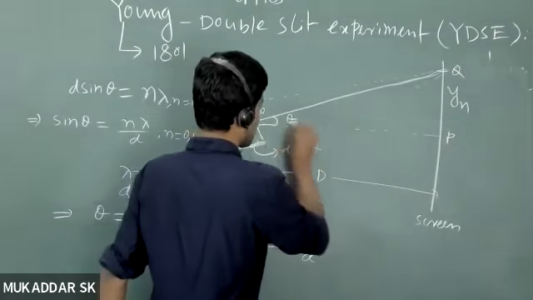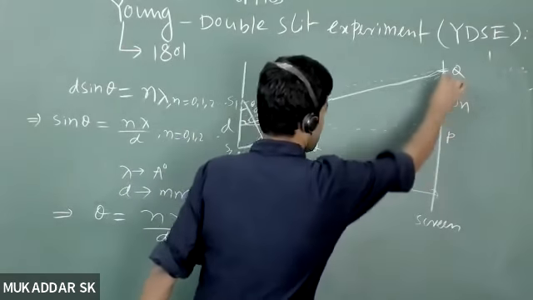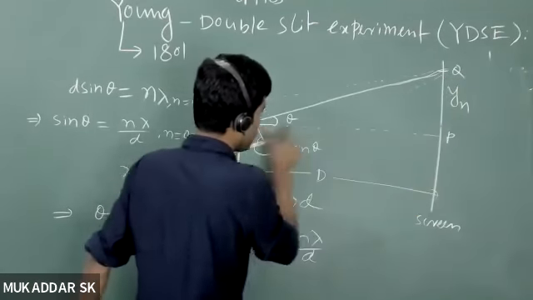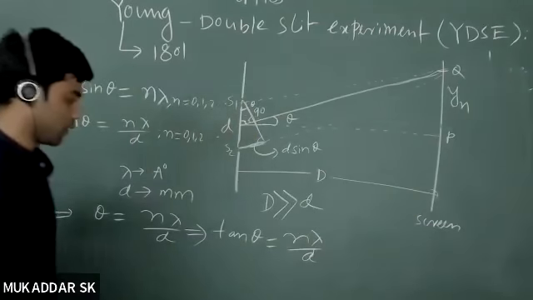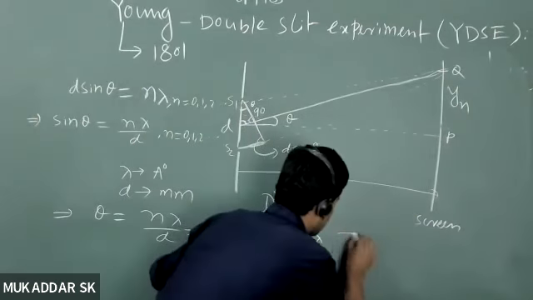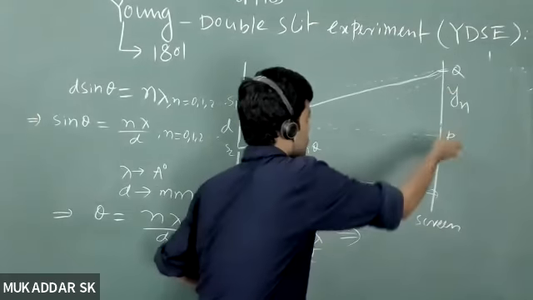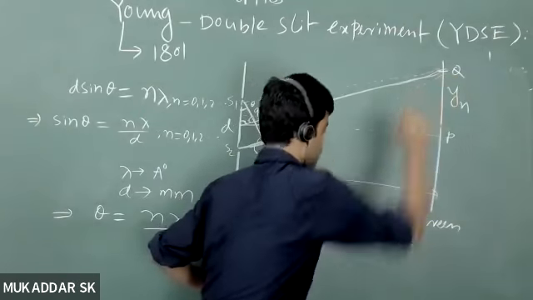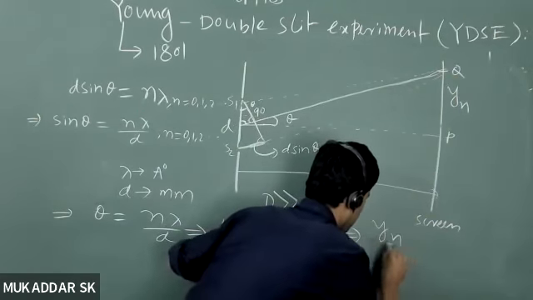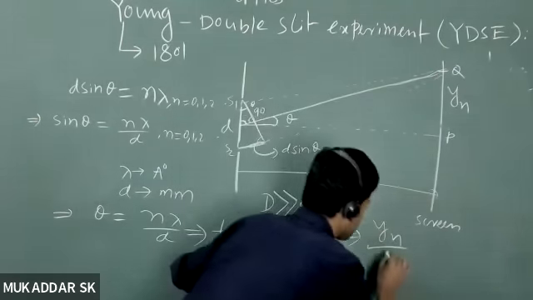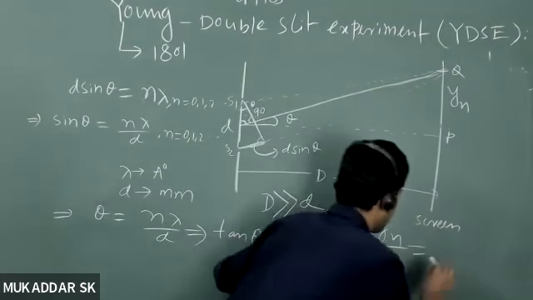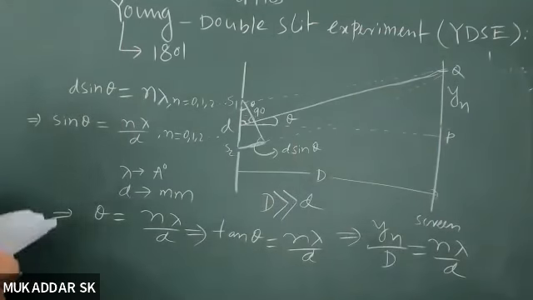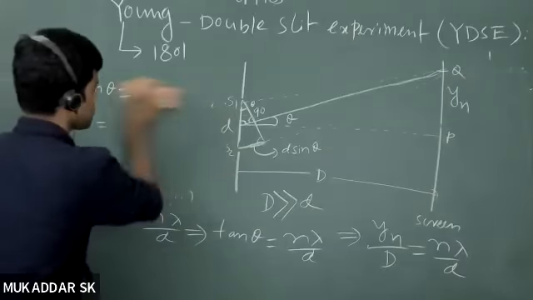If you assume this is your triangle, tan theta will be perpendicular by base. This perpendicular is y n, divided by the base, which is capital D. And that should equal n lambda by small d. Did you get what I'm saying? Is it clear?